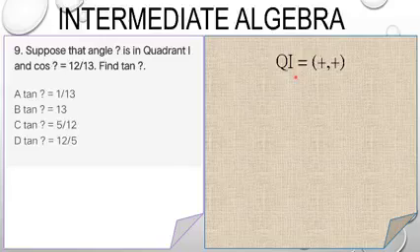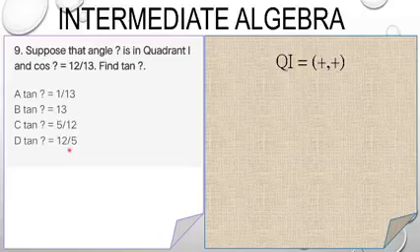Quadrant 3, binubuo ng both negative abscissa and ordinate. While yung quadrant number 4 naman natin ay binubuo ng negative y value and positive x value naman. Okay? Since yung angle natin is in quadrant 1, ibig sabihin yung value natin is positive yung x natin, and also we have positive value of your y. Since in our options, lahat is positive, so they are probable answers for this item.